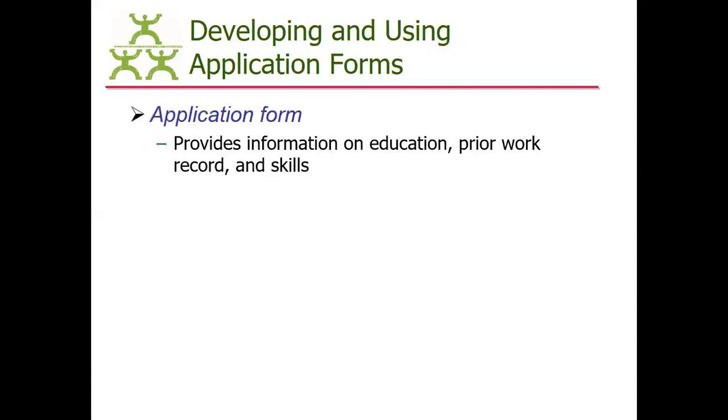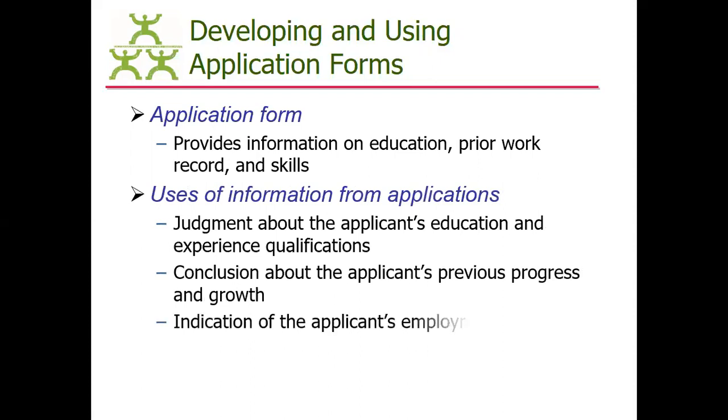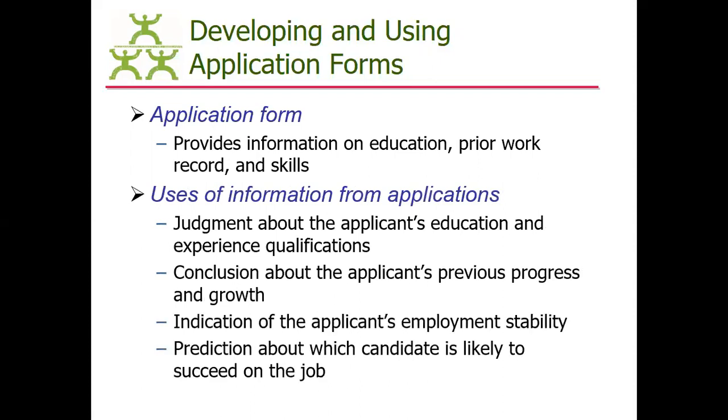Let's talk about the application form. Application forms provide information on education, prior work record, skills, and experience qualification of the candidate. Information in applications is used for different purposes.